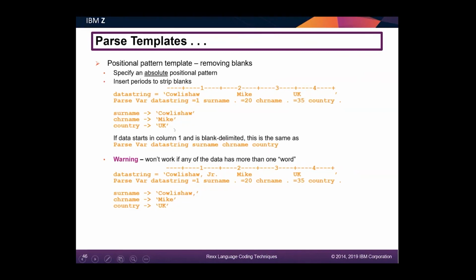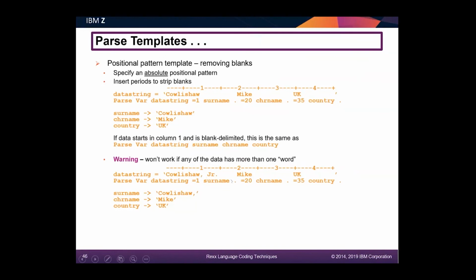The problem is it will not work if, for example, Mike Kalashaw had been a junior, because I now have a blank between the comma and the J. So what I would have ended up with is surname starts in column 1 and goes until I reach a blank. Once I reach the blank, I stop and I end up with only Kalashaw, comma in surname. And then it doesn't matter what the data is from here on out after the blank, it gets thrown away until I get to column 20.